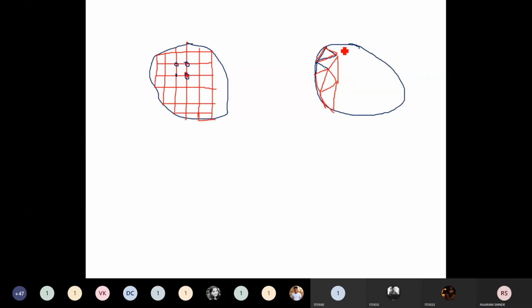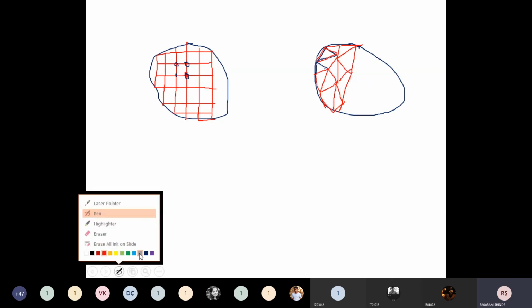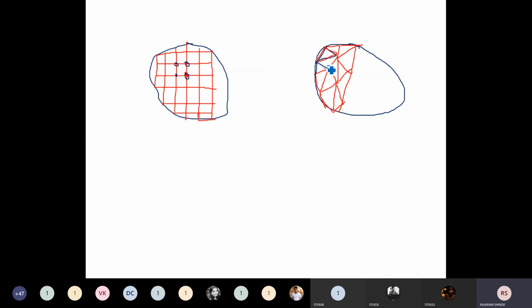In this way we are dividing that domain in the form of arbitrary shaped elements. And here the connecting points are nodes. Have you got it? Connecting points are nodes.